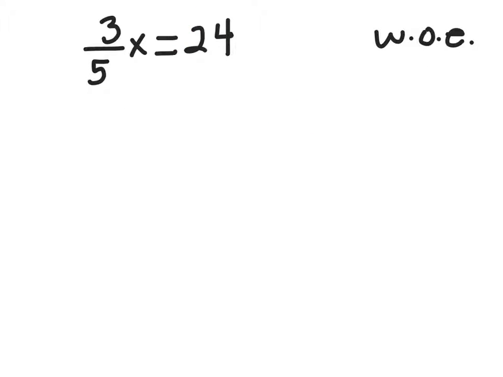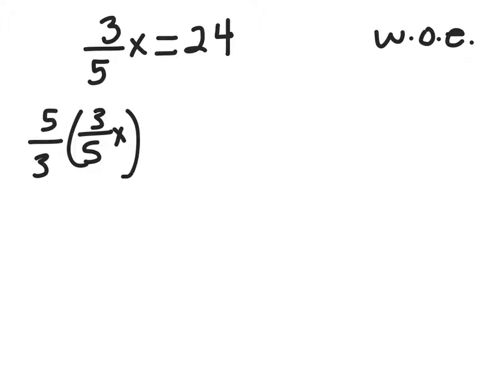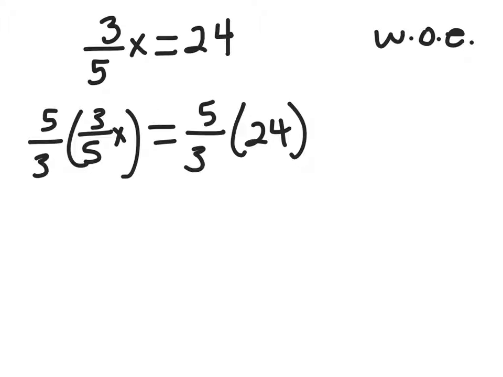So here we're going to multiply by the reciprocal. We will have 5 over 3 times 3 over 5 x equals 5 over 3 times 24. We can eliminate, and we get down to x equals 40 when you multiply that out.